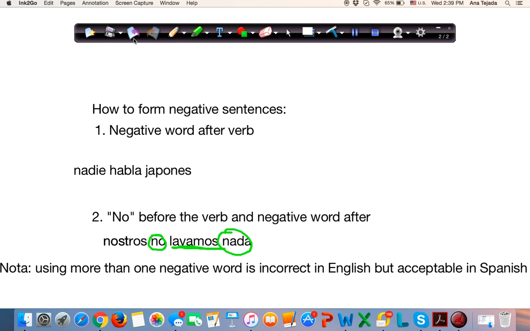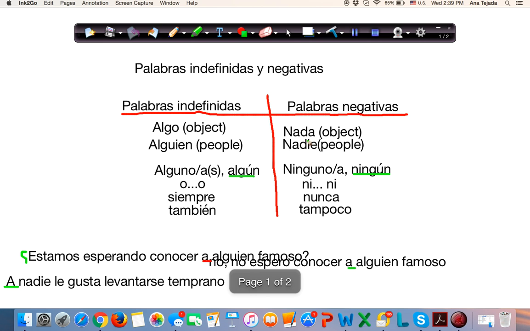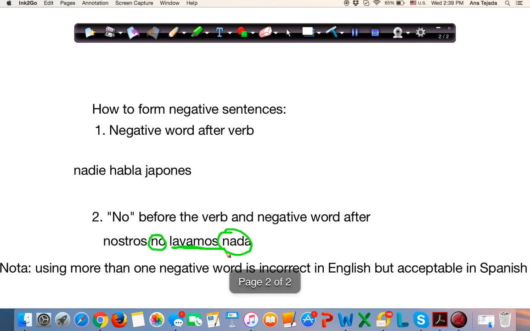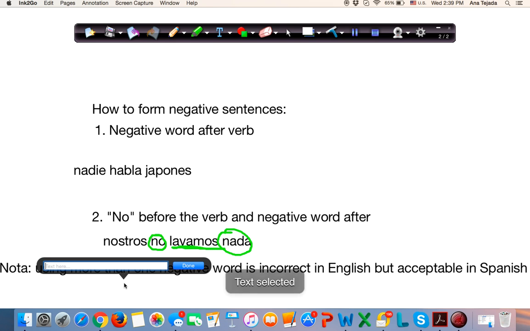Remember? Nada is part of our list of negative words. And we have it right after the verb lavar. Although in English it's incorrect to have no and nada together in the same sentence, in Spanish it is acceptable.